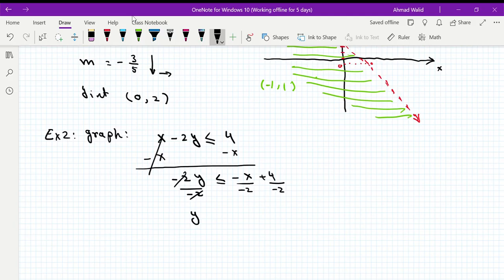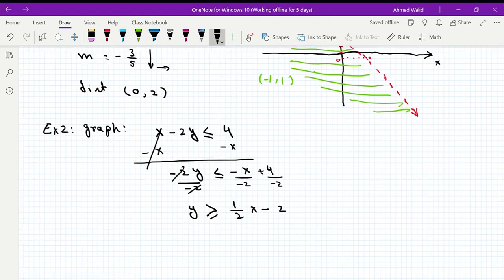Then y, I'm a good student. I remember my lectures. I divide by a negative number, I'll flip the sign. y greater than or equal to 1/2 of x minus 2. Negative over negative gives you positive. Correct?